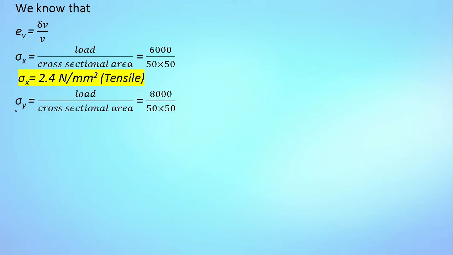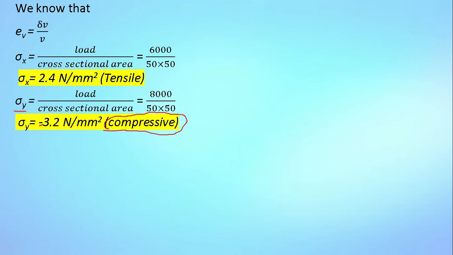Now for load in y direction, load divided by cross sectional area. Load in y direction, Py, is equal to 8000 divided by cross sectional area 50 by 50. So it gives sigma y is equal to minus 3.2. Here the minus sign is added as this force is compressive in nature.